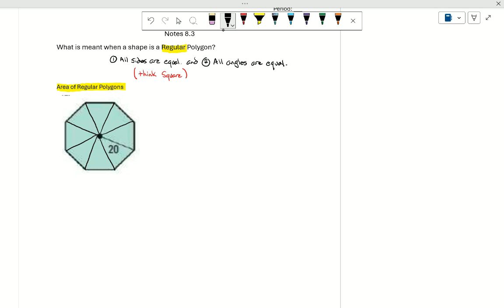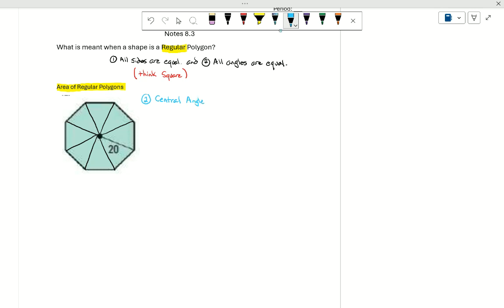Point in the center, draw all the radii. Okay? That's number one. Then the second thing that we are going to do is find the measure of each central angle. Okay? So we are going to find each central angle's measurement. Now, how do we do that?